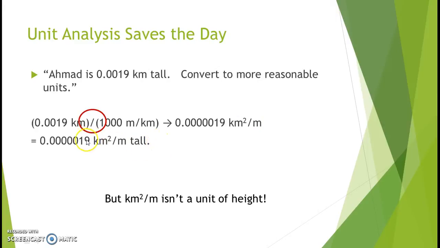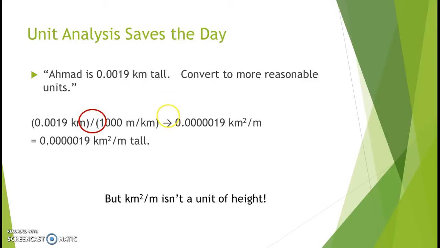So this ridiculous answer that we get, not in meters, and not between 1 and 1,000, isn't a good unit of height, and we know something's wrong, and we can go back and put a multiplication symbol in there. Similarly, if we'd multiplied by 1 kilometer per 1,000 meters, which could have been perfectly reasonable, we would have also gotten the wrong units and the wrong answer.